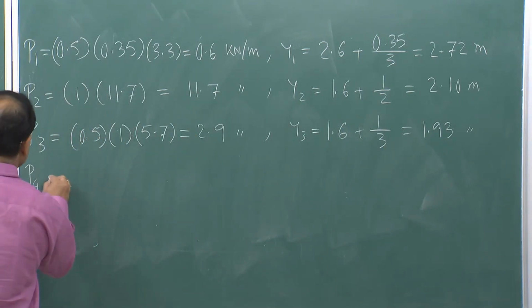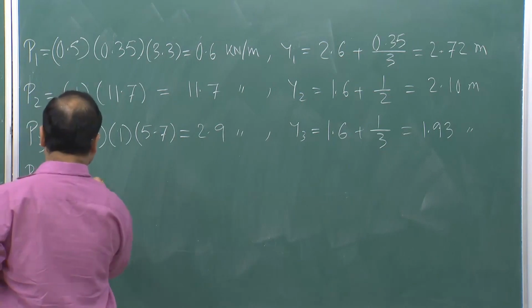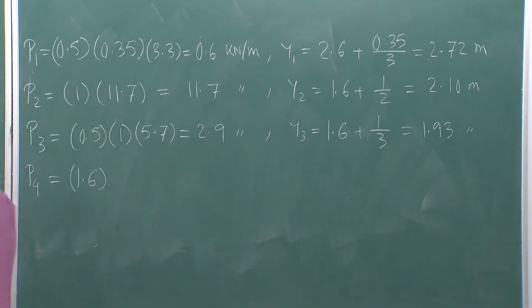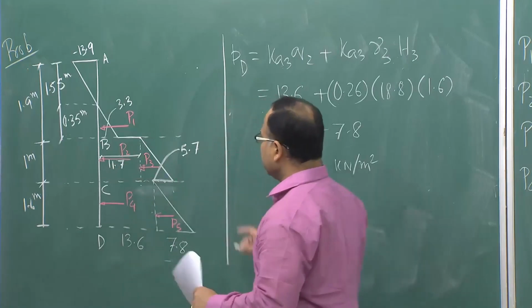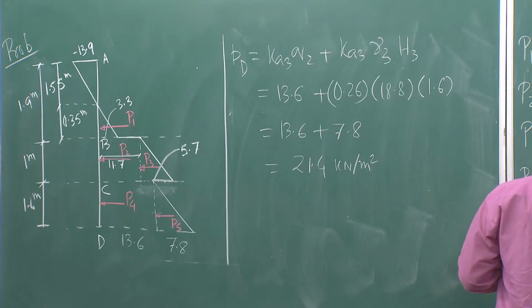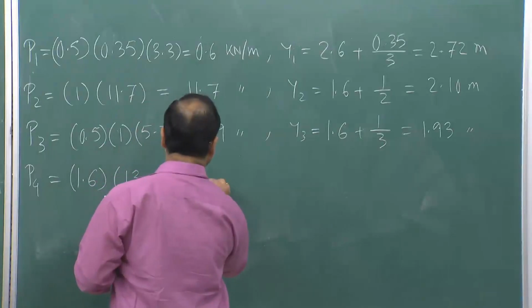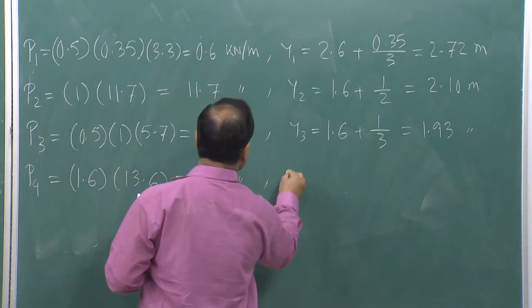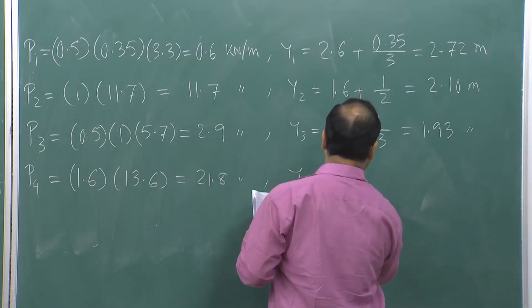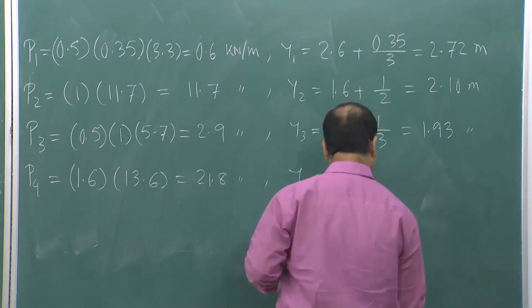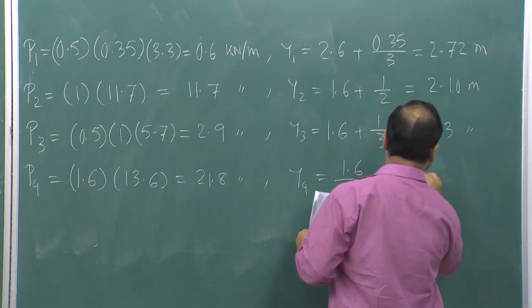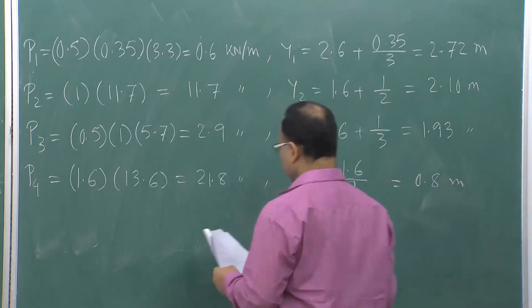Similarly, P4 is the area under this rectangle, sorry, this rectangle. So, 1.6 into 13.6 comes as 21.8, and Y4 is equal to 1.6 by 2, that is nothing but 0.8 meter.